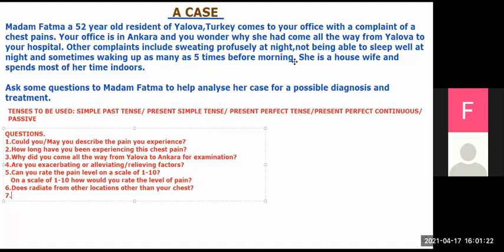Why don't you have a good appetite? Do you have any problems with eating? Why do you think you have problems with your appetite? I don't know.